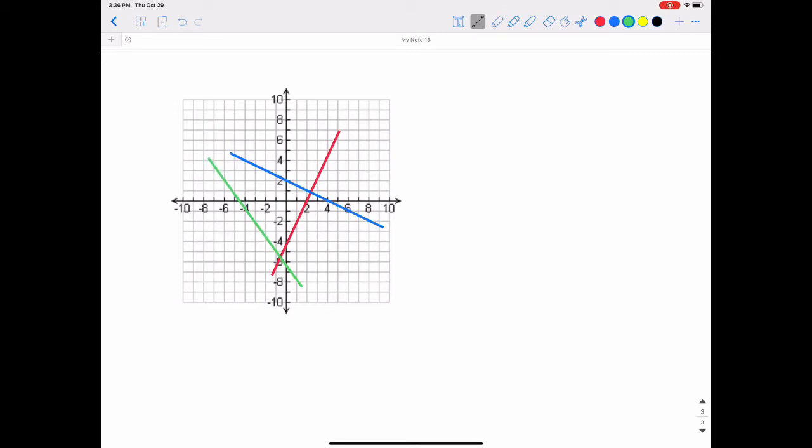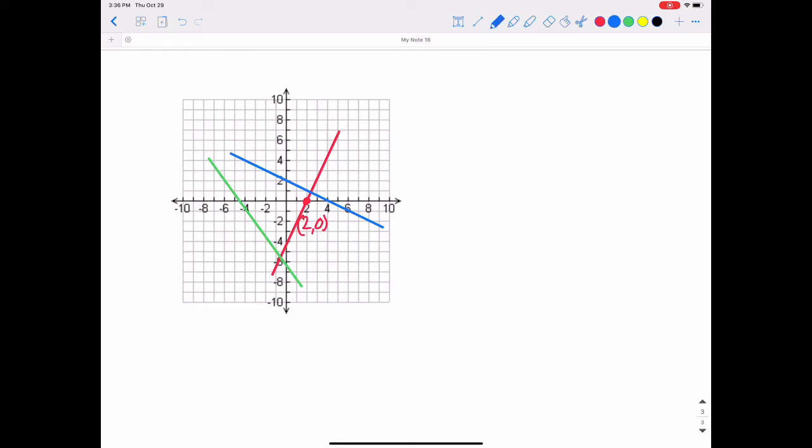Okay. So going with the red line, let's first talk about the x-intercept. We can see that the x-intercept is right here. So what is the coordinate of that point? Well, the coordinate of that x-intercept is (2, 0).